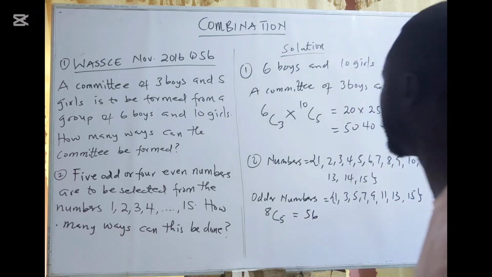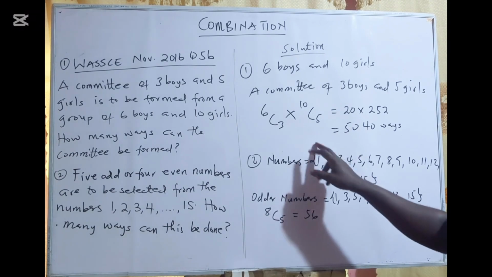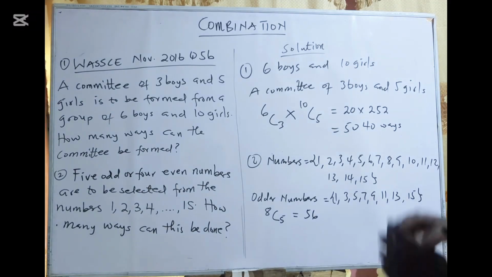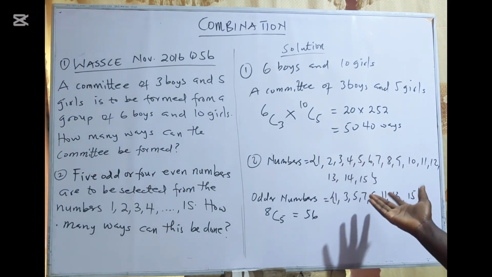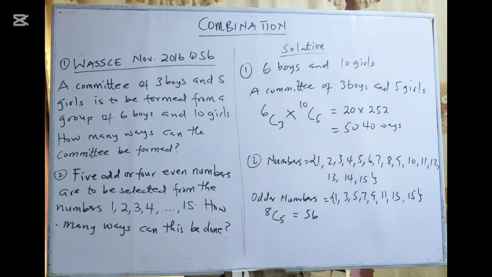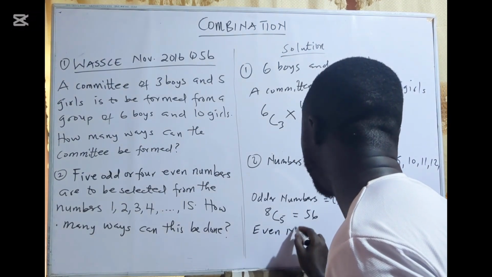Okay, so the number of ways that I can select odd numbers from the numbers 1 to 15 is 8 combination 5, because there are only 8 odd numbers in this. So it's not every number I'm going to select. I'm just going to look at the odd numbers and make my selection. So the number of ways is 56. And then I come to even. The even numbers.